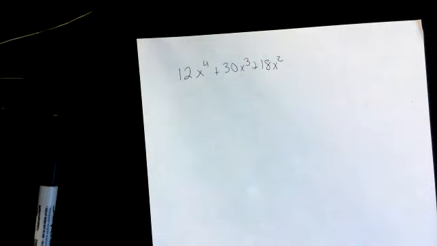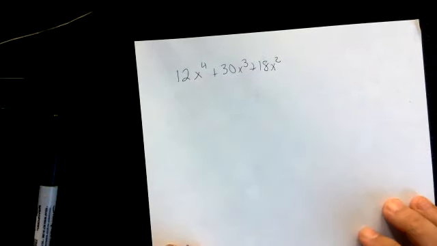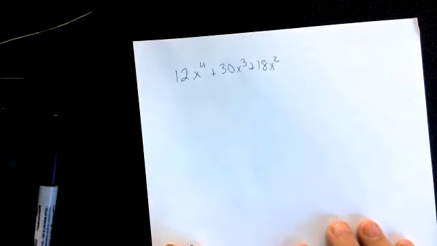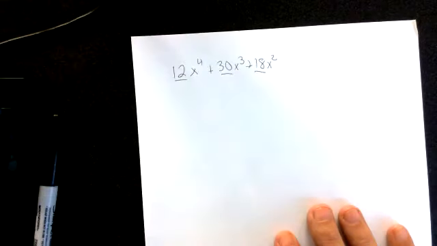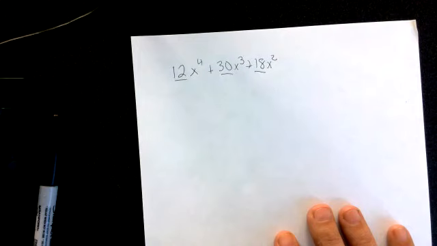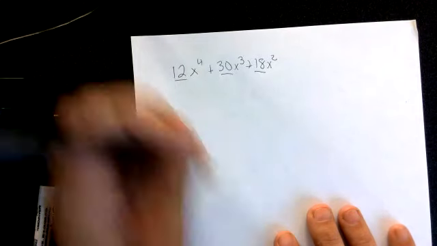So remember, the first thing we want to look for: can I divide something out of all of these? Anything you can divide out is good, but if we can factor our greatest common factor out, that's going to make these numbers much smaller and easier to work with. For example, 12 and 30 and 18 are all divisible by 6.